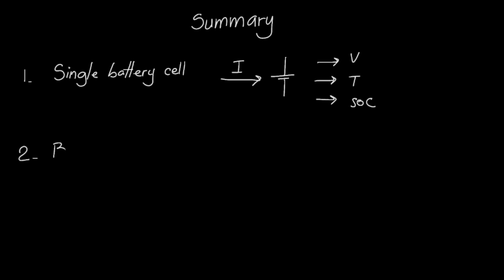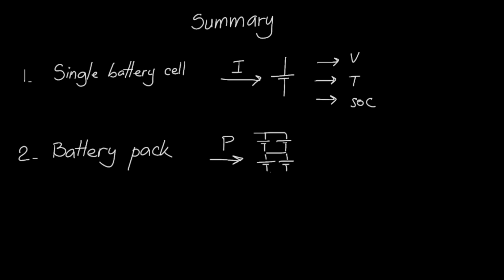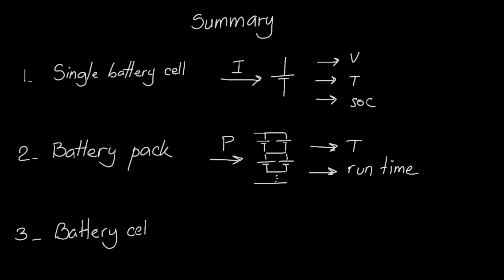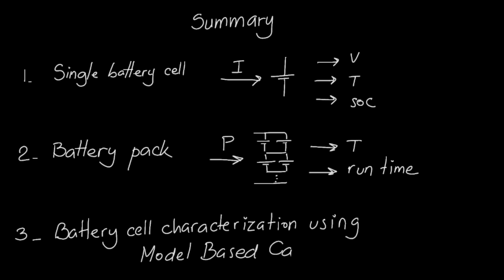Then, we scaled up this single cell to a small pack, selecting the parallel and series count and geometrical layout, and turned the design into a block that we could use in simulation. Finally, we analyzed a set of 5 isothermal experiments to calculate the lookup tables to be used as parameters of a battery equivalent circuit.